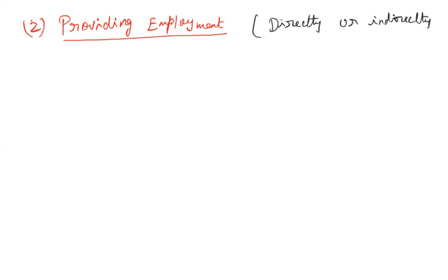Indirectly, I mean people depending on allied activities of agriculture, animal husbandry, forestry, fishery, and so many other things. So indirectly also, several people are depending upon agriculture. Again, when you look at the contribution, the percentage of people depending on agriculture.